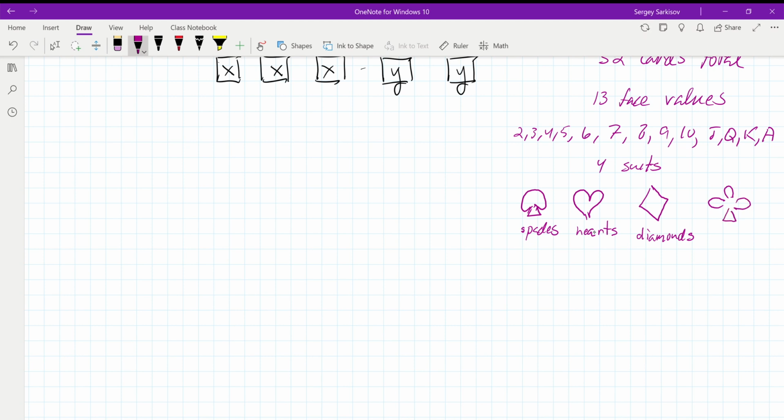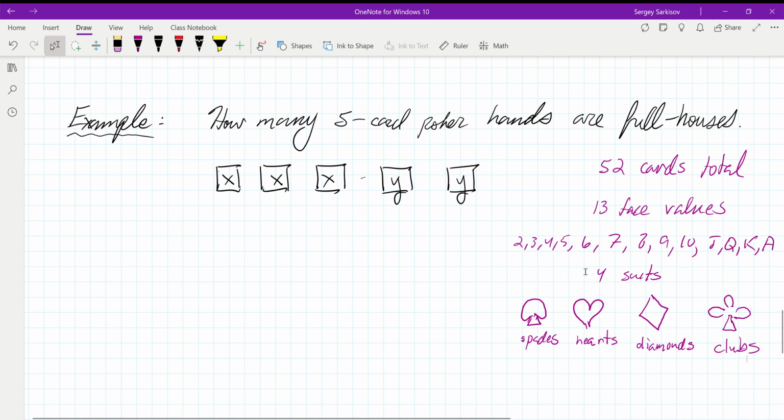So that's where the 52 comes from: there are 4 suits and 13 of each of those. 13 times 4 is 52.